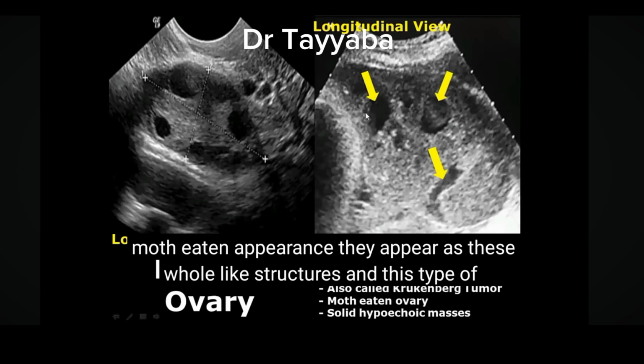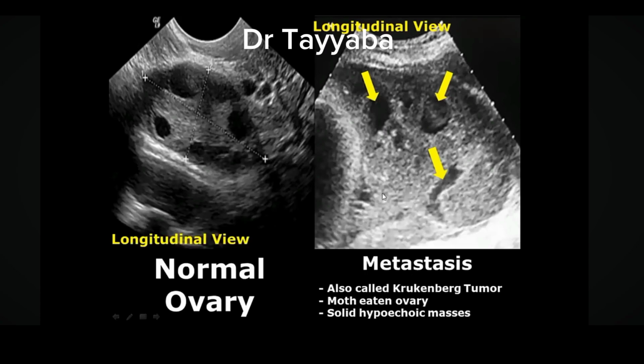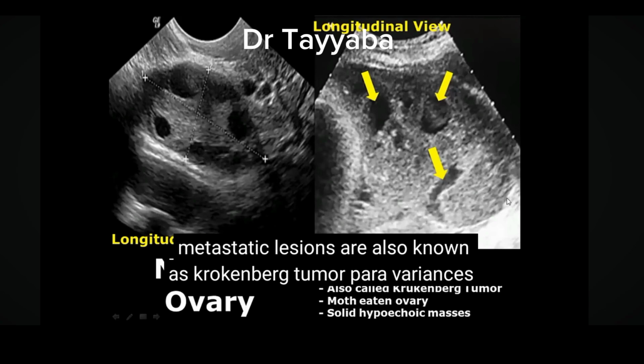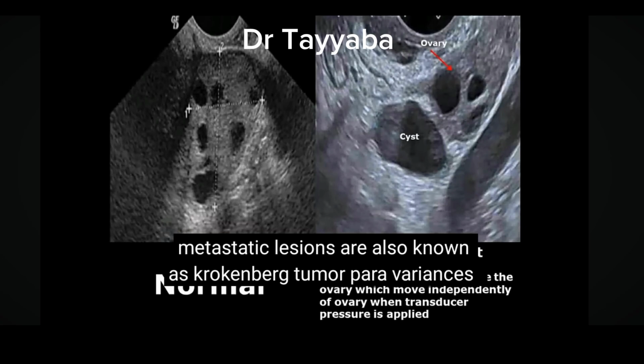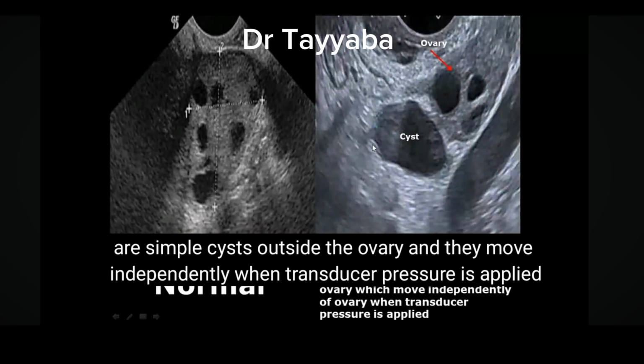Metastasis appears as solid hyperechoic masses in the ovary which give a specific eaten appearance. They appear as these hole-like structures, and this type of metastatic lesion is also known as Krukenberg tumor.